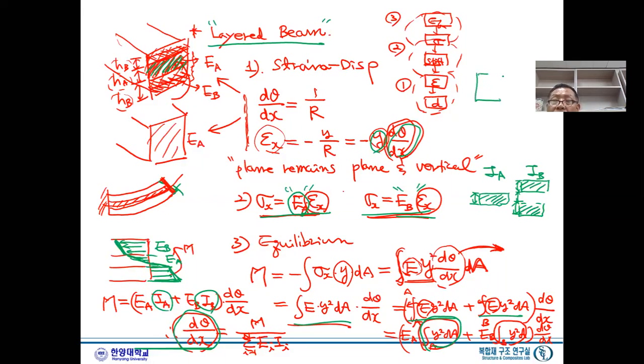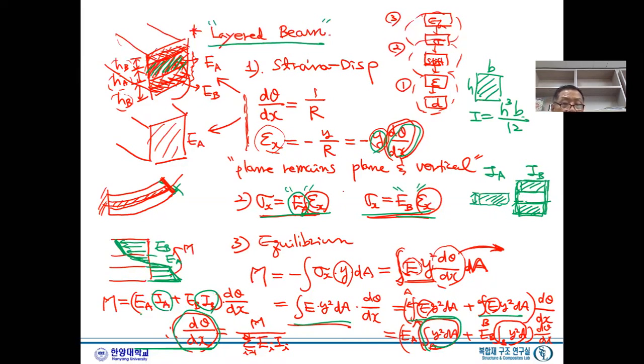And as long as you know this, say this is B and H, it is B H cubed over 12. That's the moment of inertia. And if there is an empty part, you get the whole moment of inertia minus this one. That's the way we can calculate.